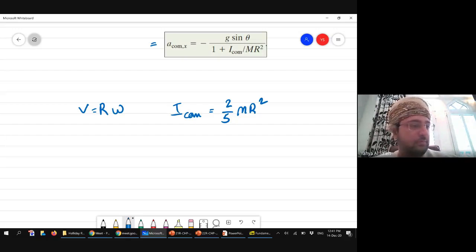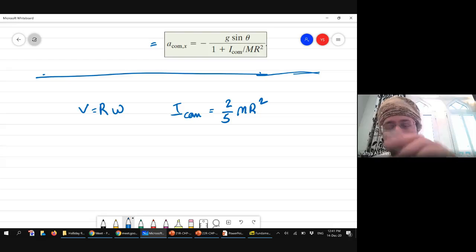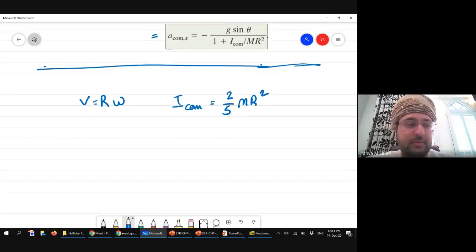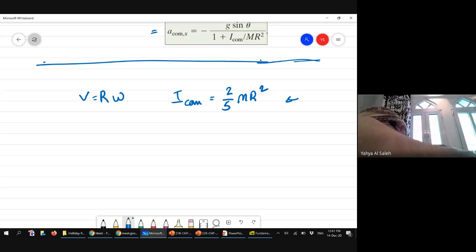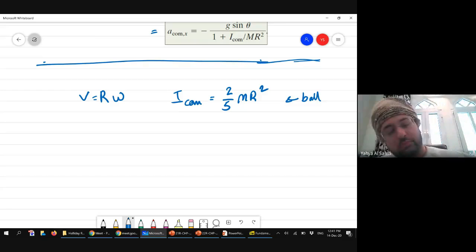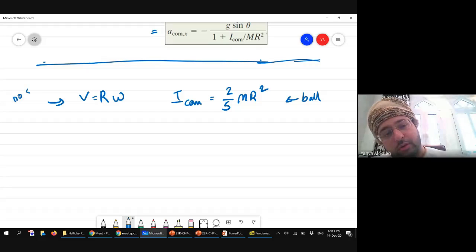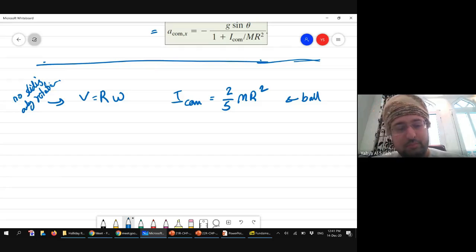I'm doing it from scratch. In the slide, I skipped some steps. This is for a ball. No sliding, only rotation.